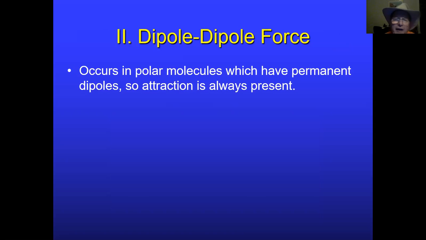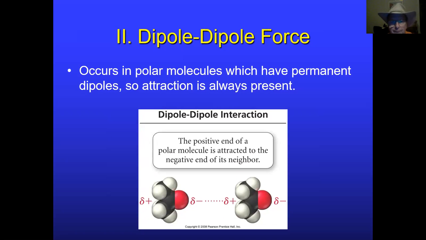And if the molecule has asymmetry, then we have a polar molecule. In the case of dipole-dipole forces, we have a molecule with a positive end and a negative end. So that's going to be attracted to another one of these same molecules with a negative end and a positive end. They're going to be attached to one another. And dipole-dipole are going to be stronger than dispersion.